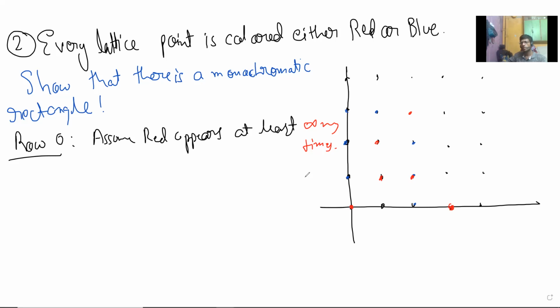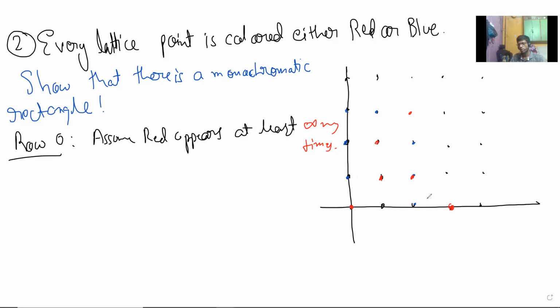Two pairs of points, yeah, same level. So what does that mean? Okay, the y coordinate will be the same.